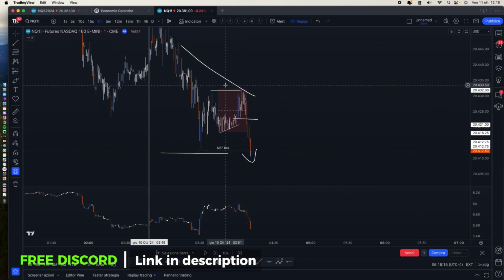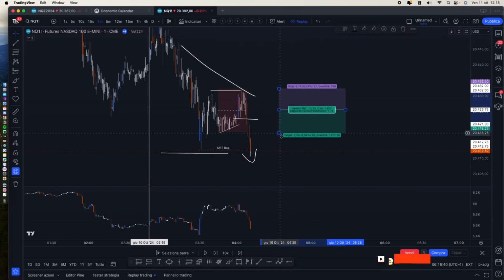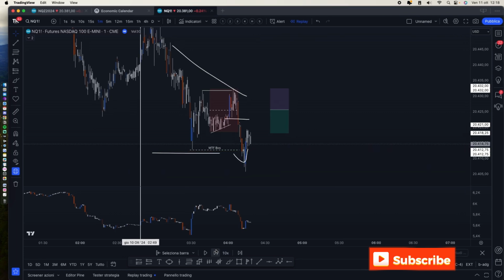We grab the liquidity here, and we have a stronger bearish pressure that invalidated the previous bullish pressure. So this is a good zone. My trade will be this one. Stop loss just one tick above the high, and one-to-one risk to reward. Very, very easy.